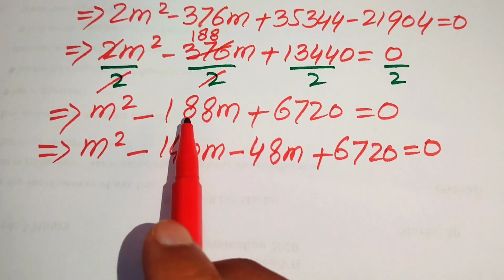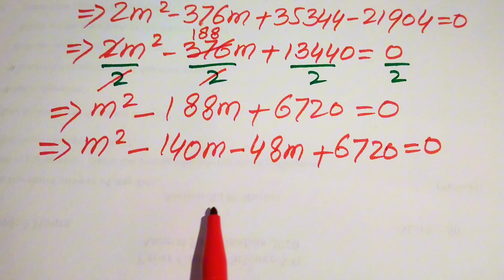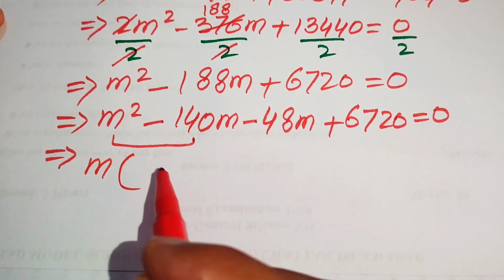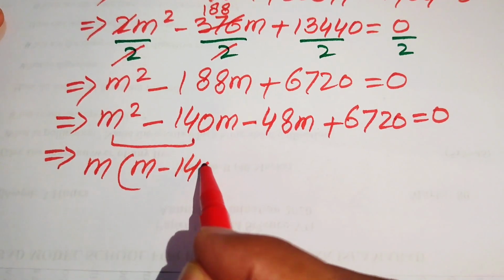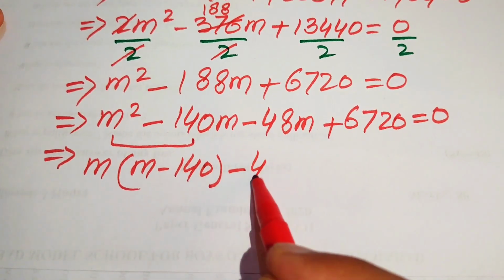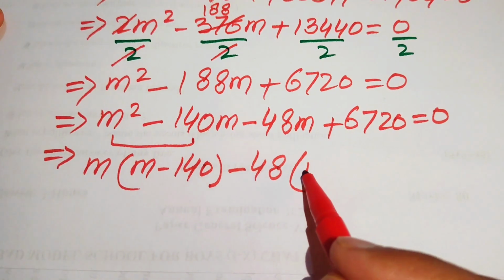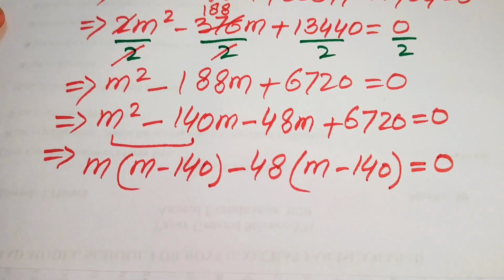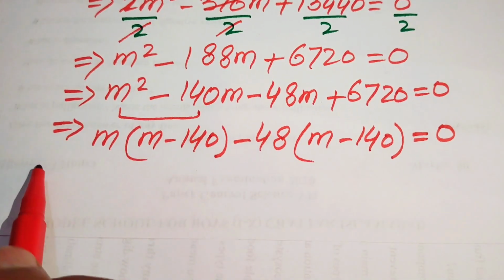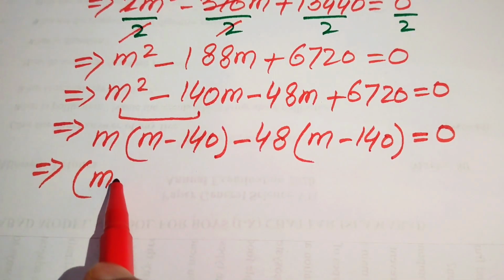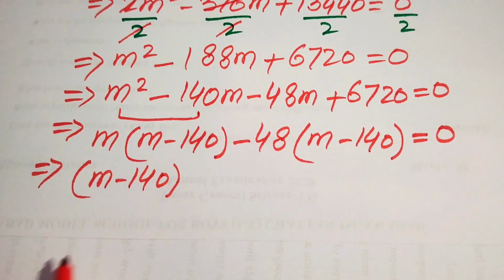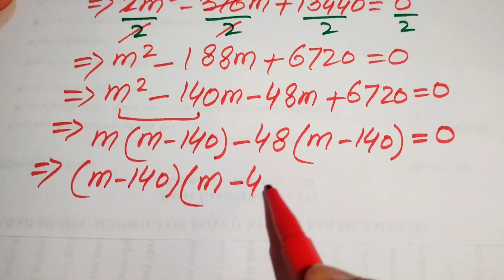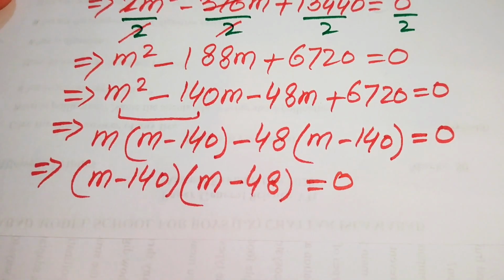So here we break this term and write 188 in this form, and now you see here we take common m from the first two terms, and it will be written as m minus 140, and here we take common minus 48, and you again get m minus 140, and this is equal to 0. Now in the next step, we have m minus 140 as the common factor from both of these terms, so we take it common and the remaining terms are m minus 48 equals 0.